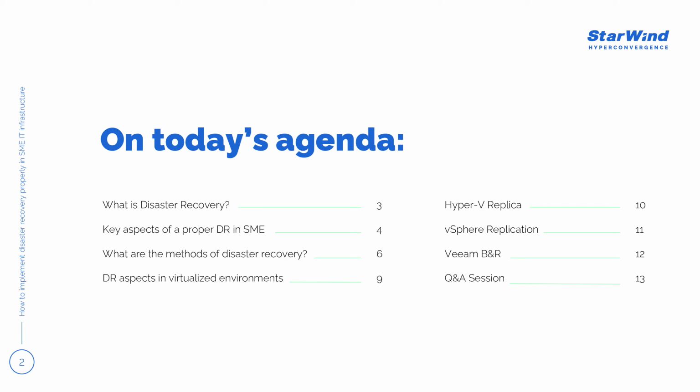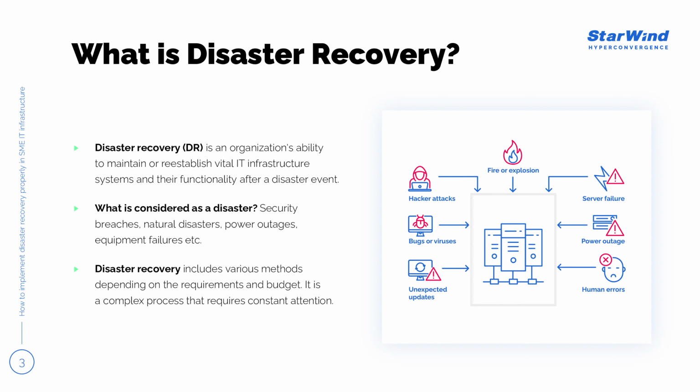So let's actually start, and first, let's settle on what disaster recovery is. It's quite a complex term, and it is usually included as one of the aspects of business continuity. Not to get involved in all the terms and definitions, I'm just going to provide a quick definition of what business continuity basically is.